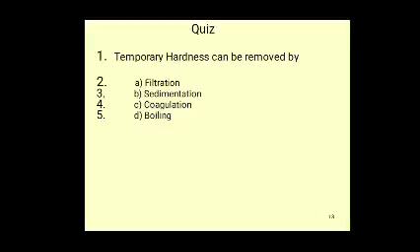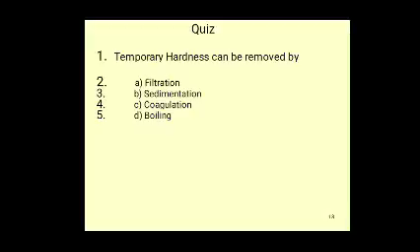These calcium bicarbonate and magnesium bicarbonate are soluble products. When you boil them, they turn into carbonates, CaCO3 or MgCO3. These calcium carbonate and magnesium carbonate are insoluble products formed in water, which immediately removes calcium and magnesium ions from the water.